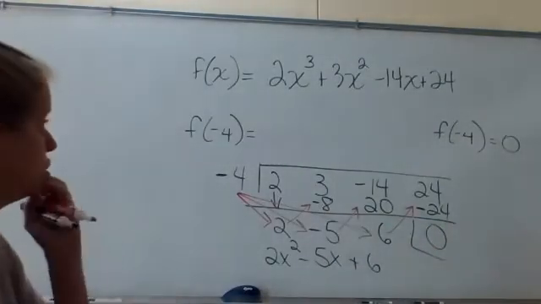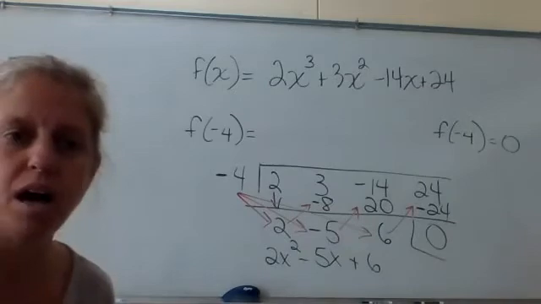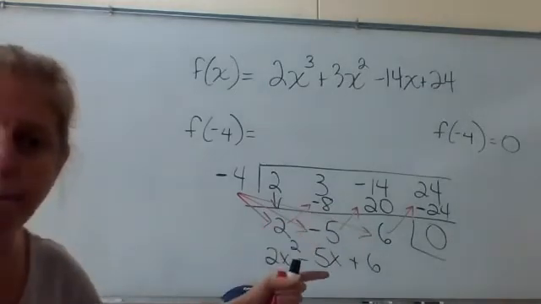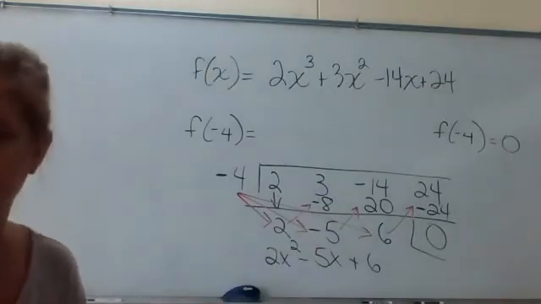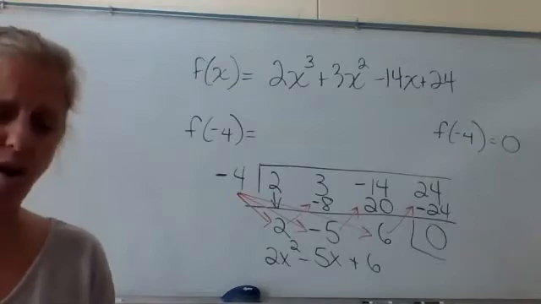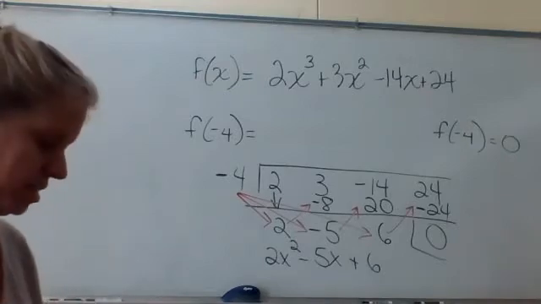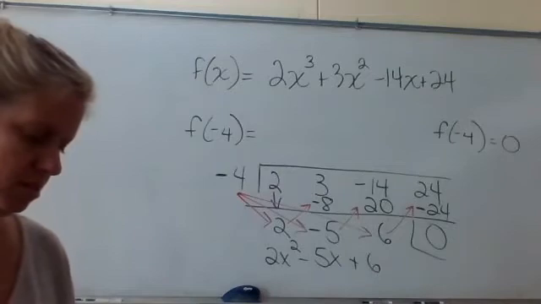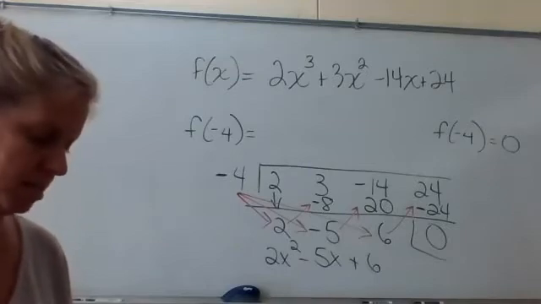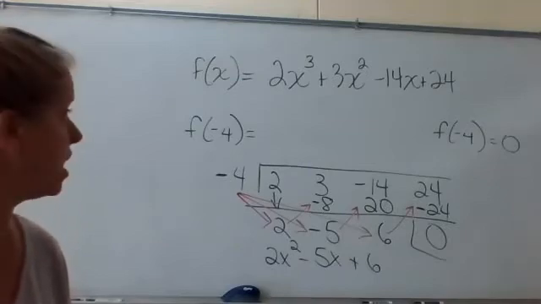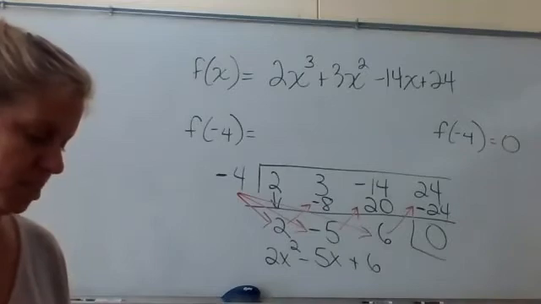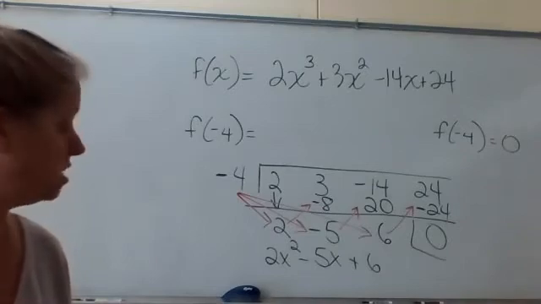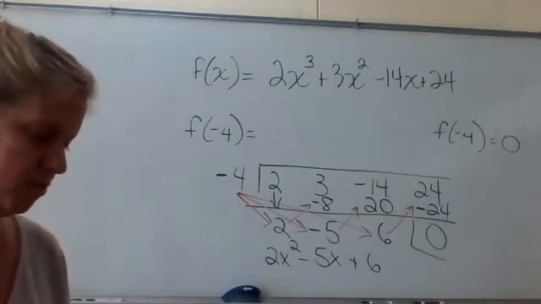My other two solutions to this problem are not real numbers. What would that mean? If I graph this, 2x to the third power plus 3x squared minus 14x plus 24.